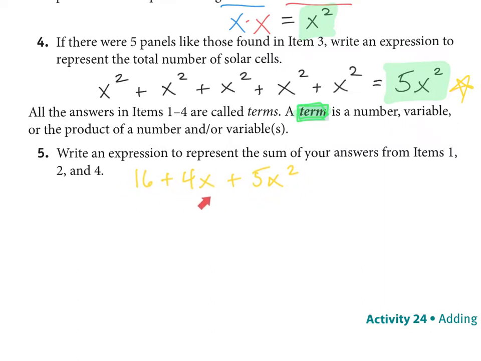This is just a number, this is just an x, this is an x squared. We just write it as the sum of those answers. And in the future, we're going to learn if there's a specific order in which we have to put these. So now that we've experimented and explored this, let's go on to the next page and start looking at some of the vocabulary that goes along with this.